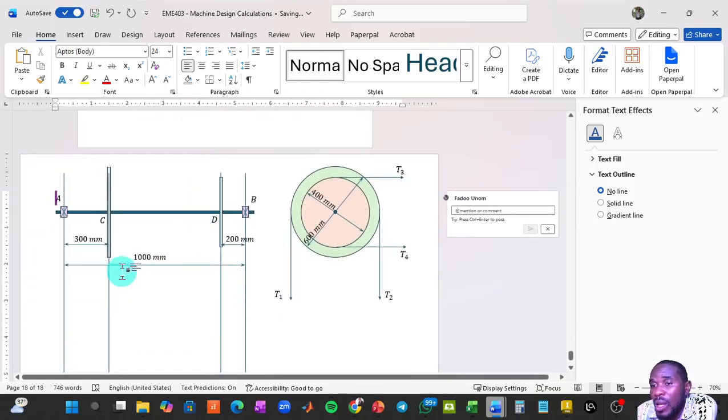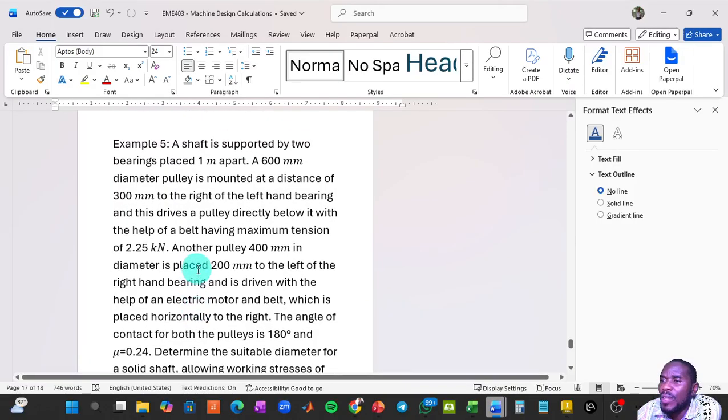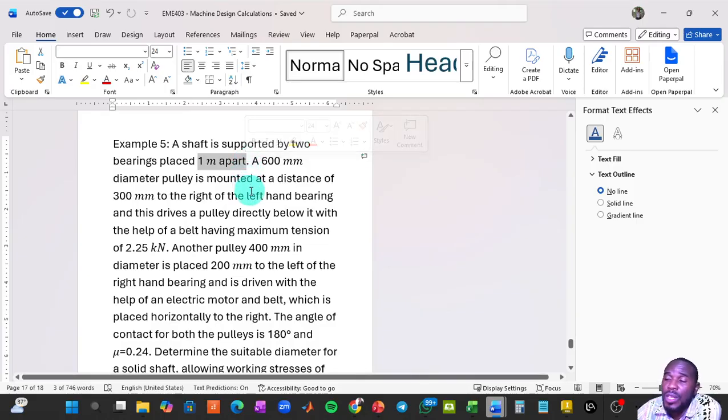And then the distance between both pulleys is 1,000 millimeters, and then the distance of the pulley at point B from the right hand bearing is 200 millimeters. So the distance CD is automatically 500 if you do the math. Okay, so with these, let's first see what has been given to us. All the dimensions we've taken note of are on the image we've drawn, so we will not extract that.